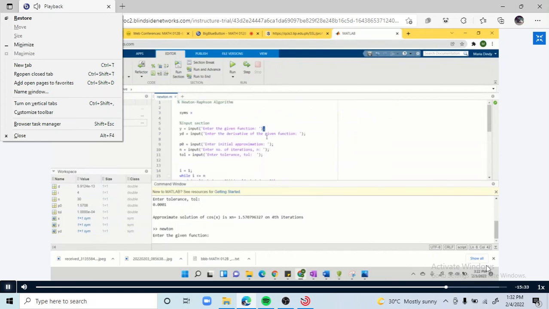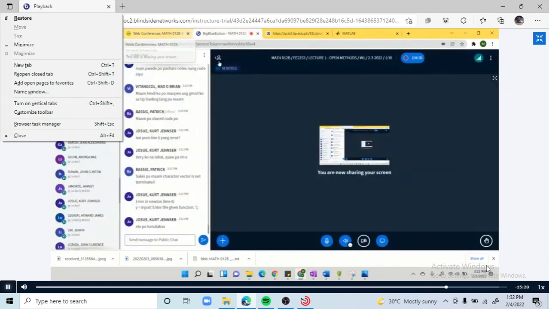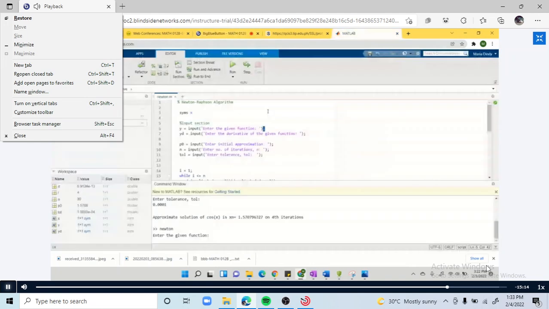Input, enter the given function. Error in Newton, line 6, Y, input, enter the given function. Hindi siya nag-ano.